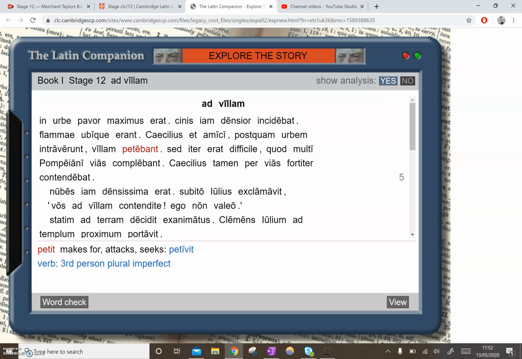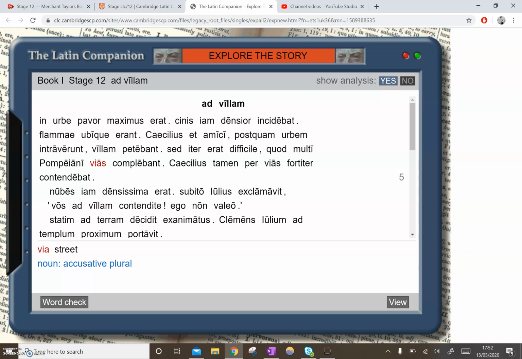So after they entered the city, they were seeking his house, villam. But the journey was difficult because many Pompeians were filling, complebant, the streets. Vias is plural. Caecilius, however, was bravely hurrying through the streets.